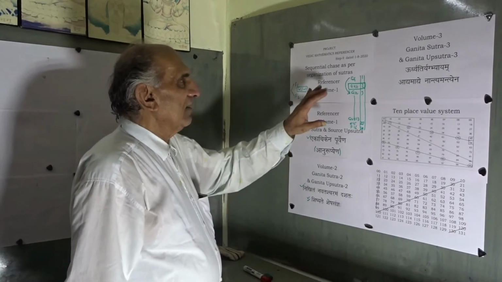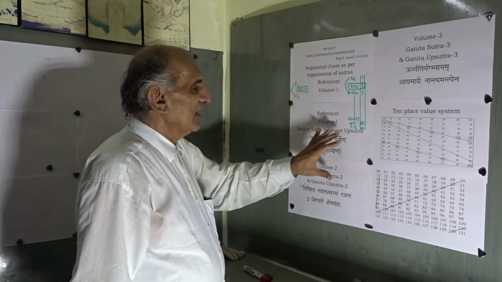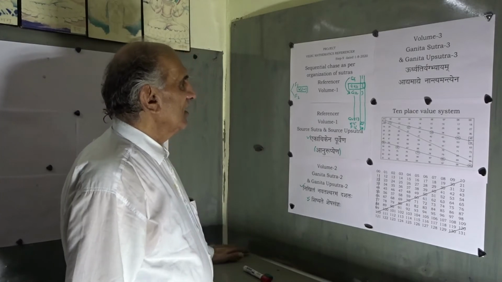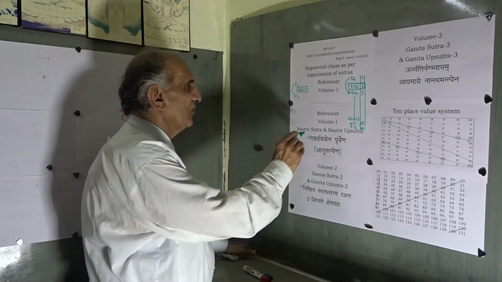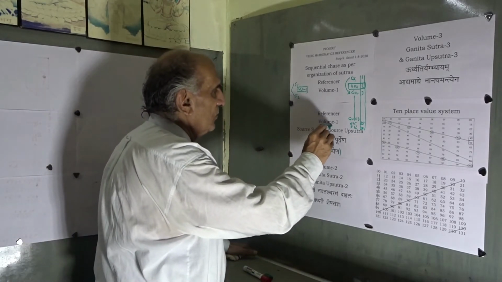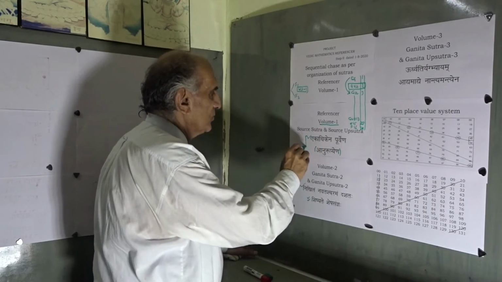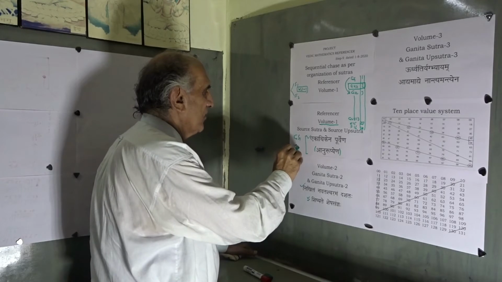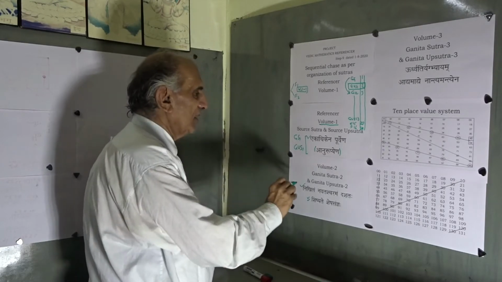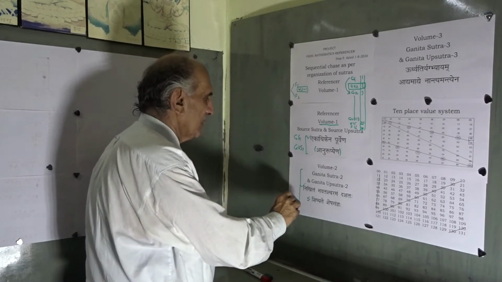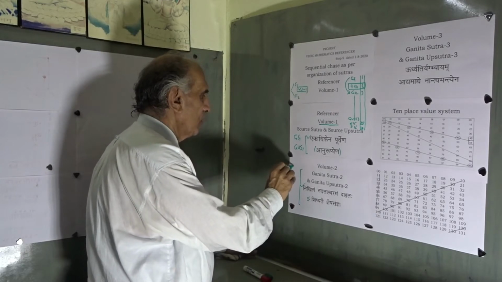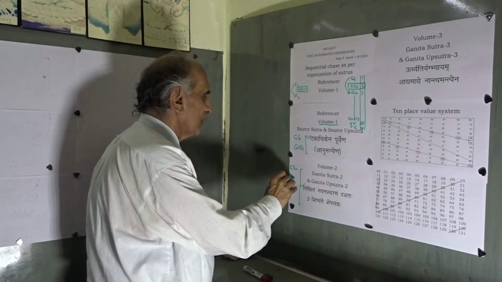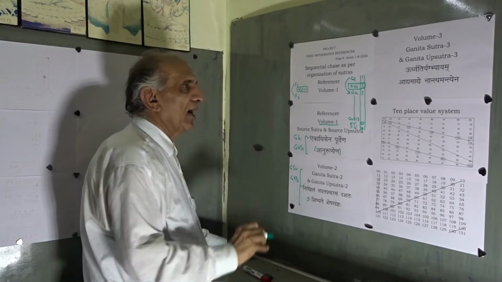Therefore, we can have an organization for our referencer with volume 1 to cover both Ganita Sutra-1 and Ganita Upsutra-1. Volume 2 will cover Ganita Sutra-2 and Ganita Upsutra-2, and so on.